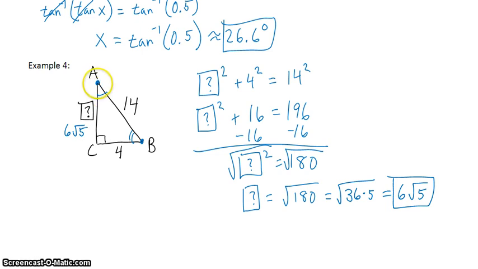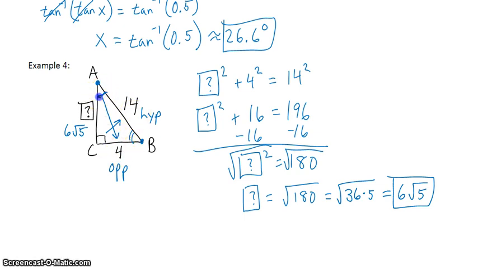Now I need to solve for my two angles. Let's start with angle A. Across from the right angle is my hypotenuse, and across from angle A is my opposite side. I know all three sides of the triangle, but I want to stick to the two sides that are integer numbers, 4 and 14.